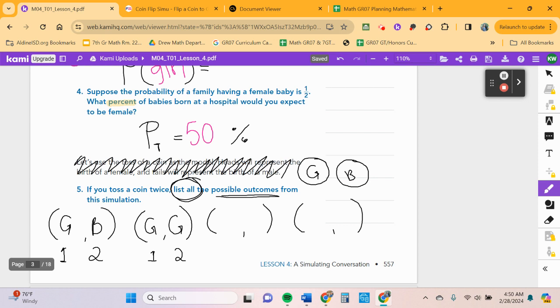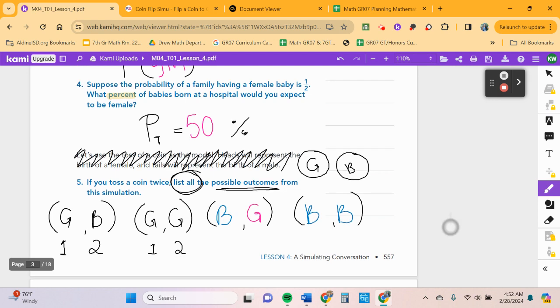Go ahead on your own, take a couple seconds, no need to pause, and fill in what the other outcomes would be if I were to flip this coin twice. I hope that was enough time to fill in 4 quick letters, but those other outcomes could potentially be boy, girl, where you're flipping boy first, or even boy, boy.